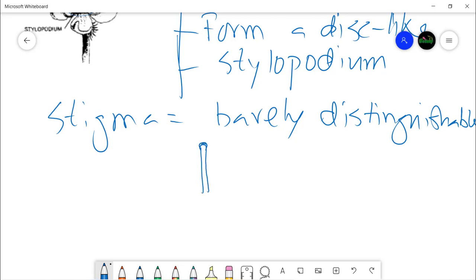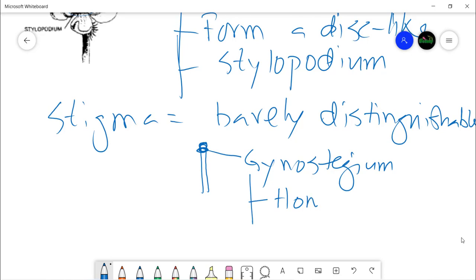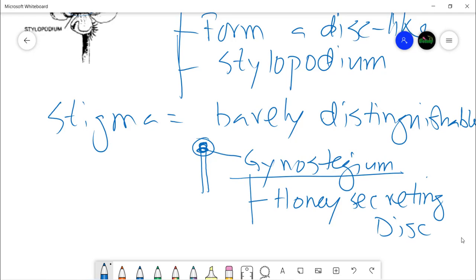Let's make it a little bigger so that we have a disc here, and this is what is known as the gynostegium. What is this? This is a honey secreting disc at the base of the style, near where the stigma is found. So this is the stigma area, and we have a disc-like structure.